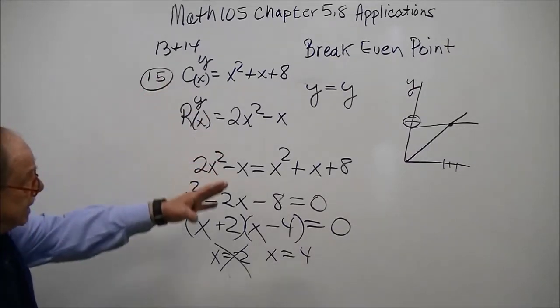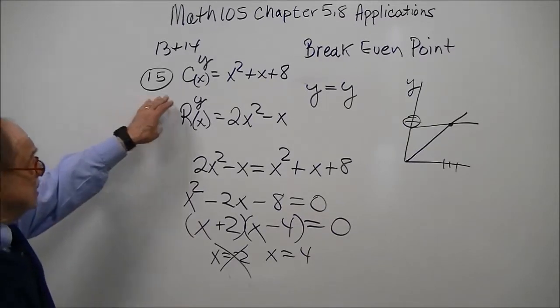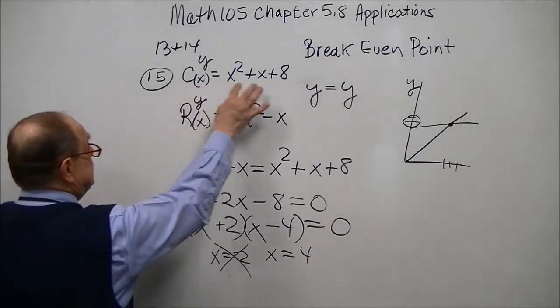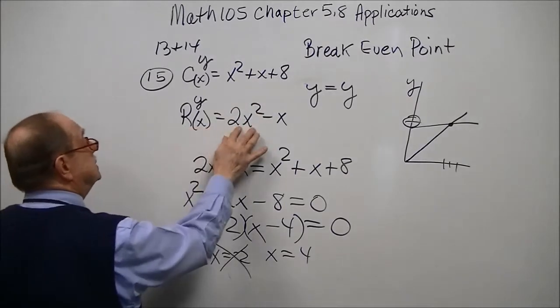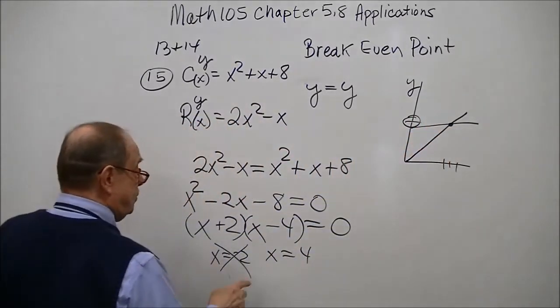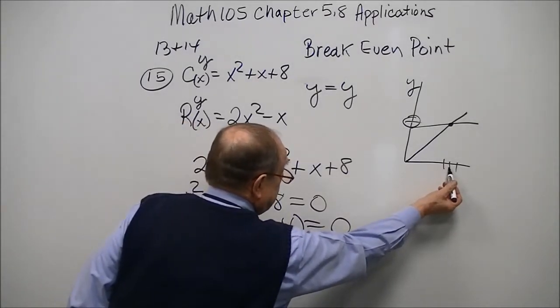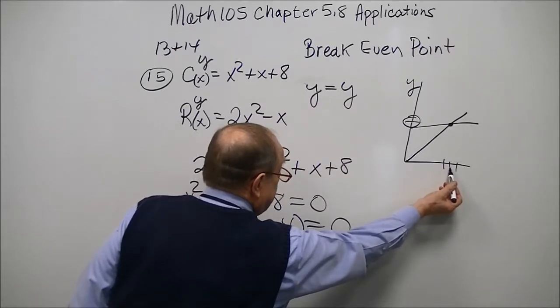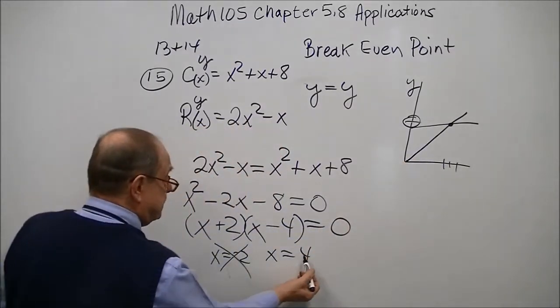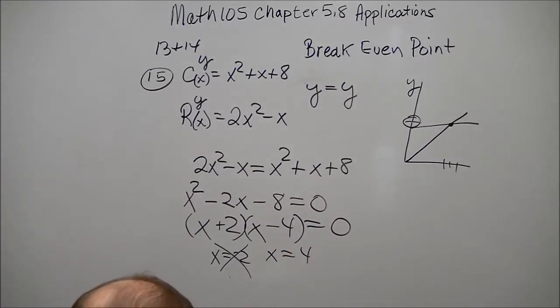So what would our break-even point be for this particular example, where the cost is this, the revenue is this? We're looking for a point where they intersect, and we want that y value. Well, our x, this would be the number of units we'd have to sell, is 4. And these were lamps, by the way, and we'd have to sell 4 lamps to break even.